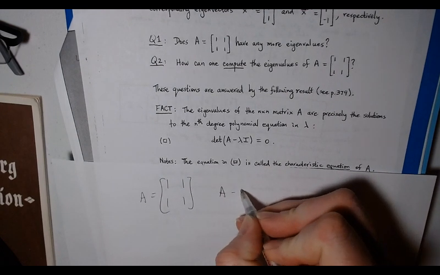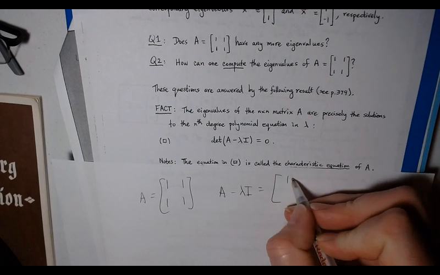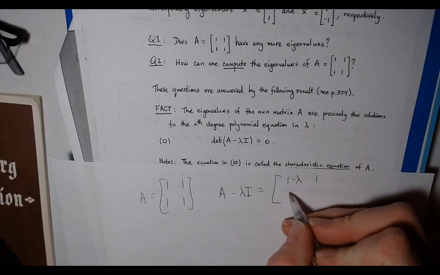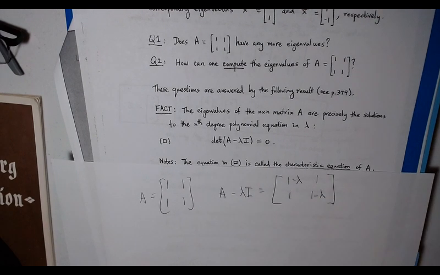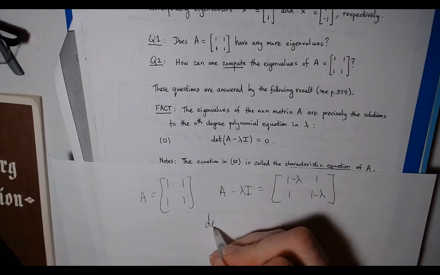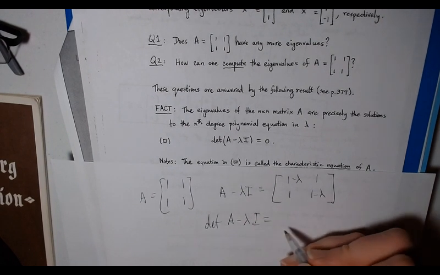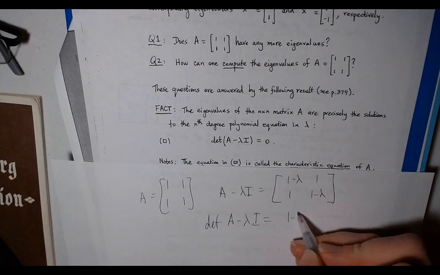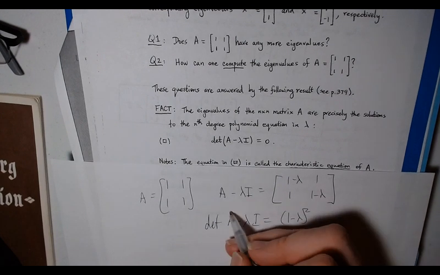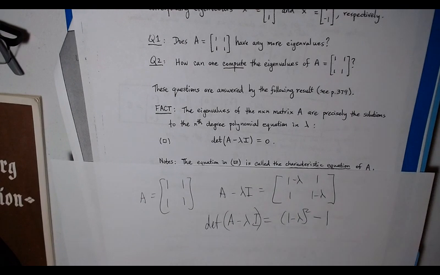So A minus lambda I is equal to the matrix 1 minus lambda, 1, 1, 1 minus lambda. And so the determinant of A minus lambda I is equal to (1 minus lambda) squared minus 1.